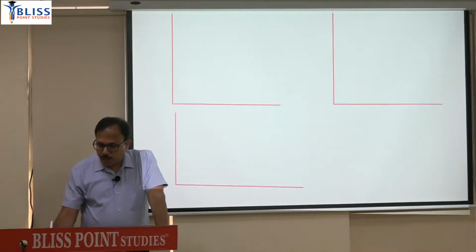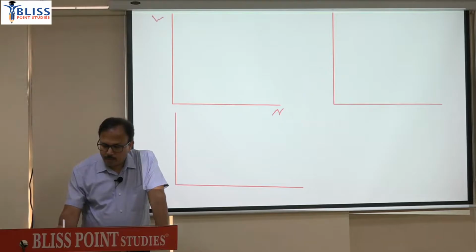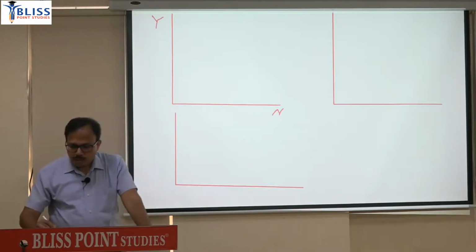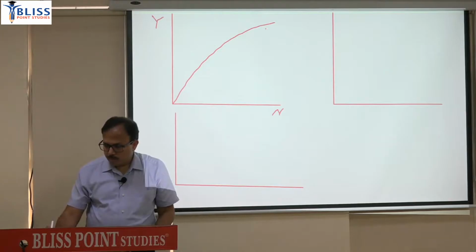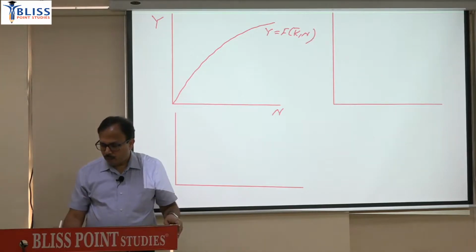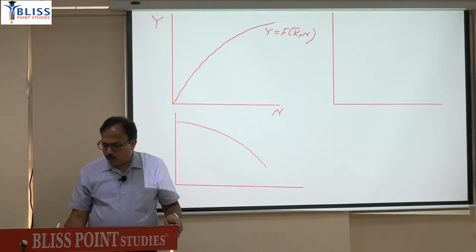So in the first part you are writing the production function. Write here N and Y, and we are drawing the production function first. In the lower part you have to draw labor demand.